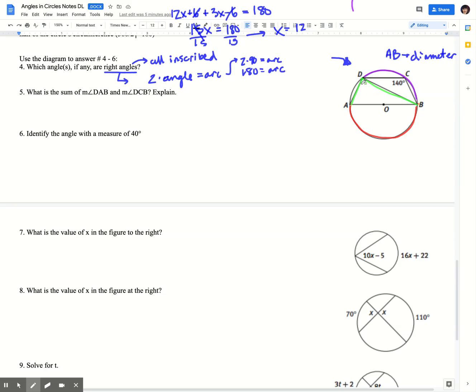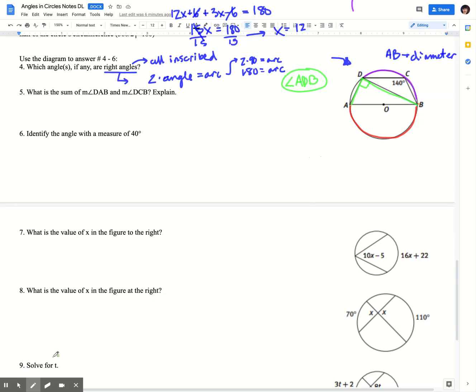So that angle right there has to be a 90-degree angle. So the answer to this question is angle ADB is a right angle. Now, I have to be careful here. I can't just say angle D, because remember there's two angles as a part of angle D. There's this one that's 90 degrees, and then this other one here, which very obviously is not. So that would be my final answer, angle ADB.